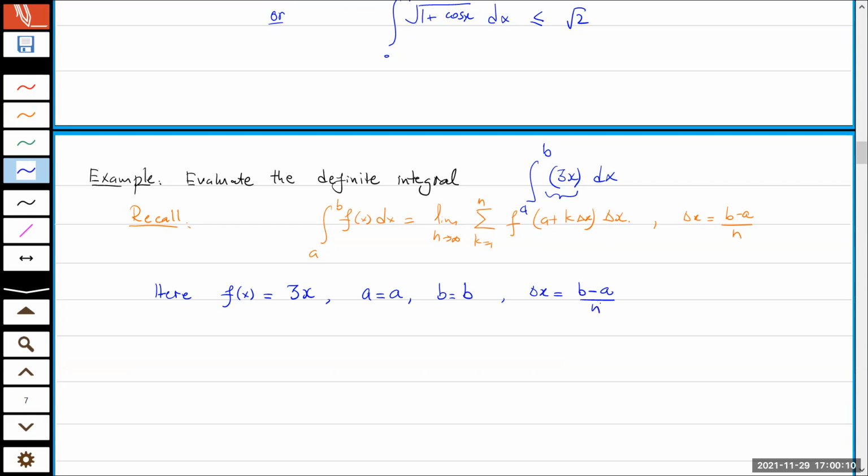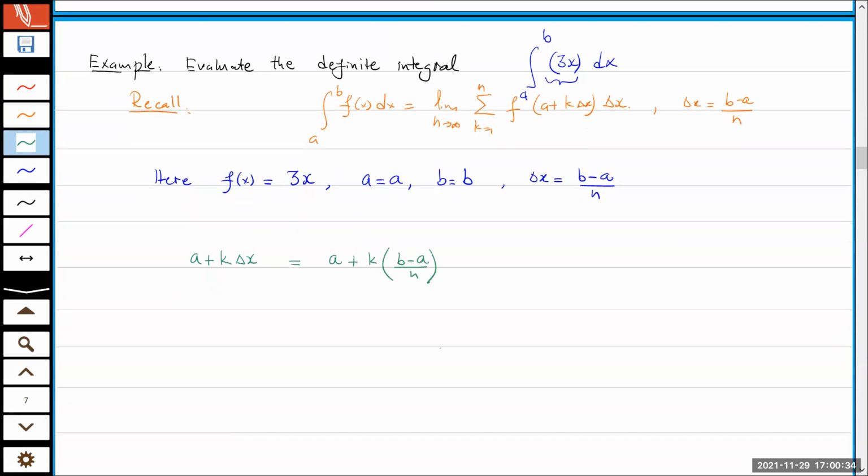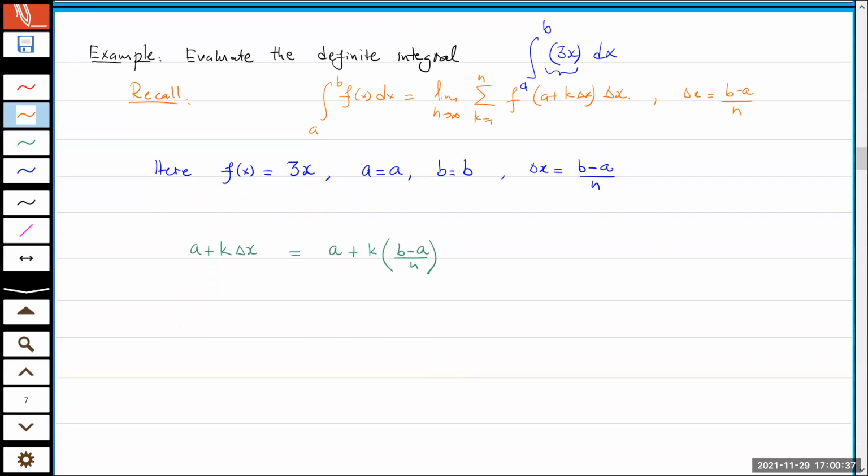Now I have to use all this and calculate the limit of the Riemann sum. So let's do that. First, I calculate a plus k delta x. This equals a, k is going to be the index, and delta x is b minus a divided by n. Great. If you remember, the next step for us was that we calculate f of a plus k delta x. This would equal f of a plus k times b minus a over n.